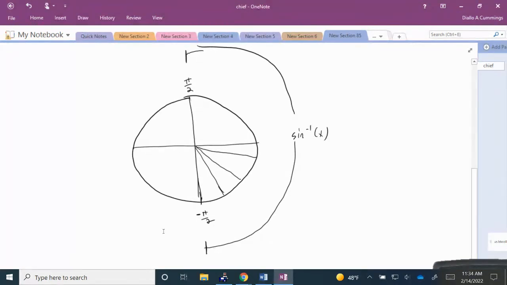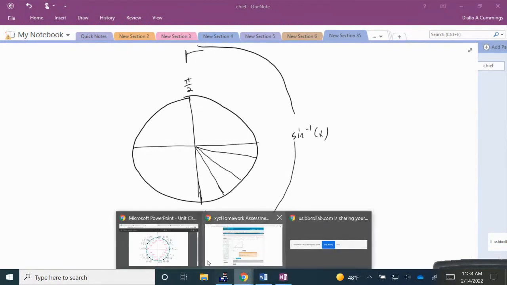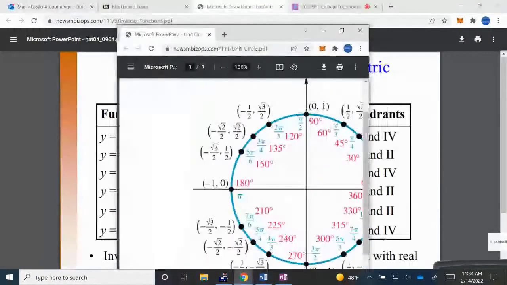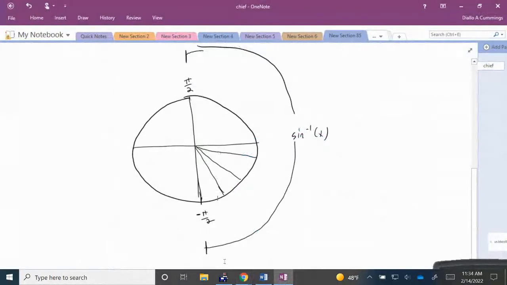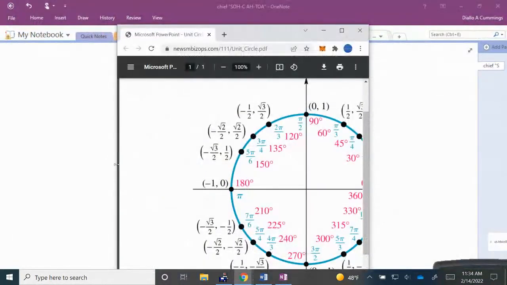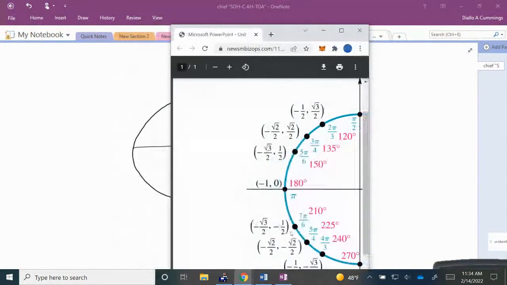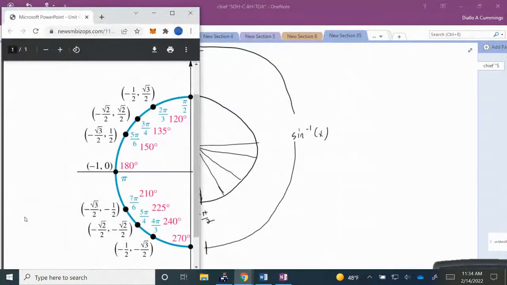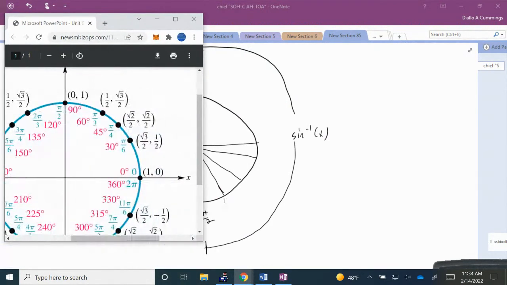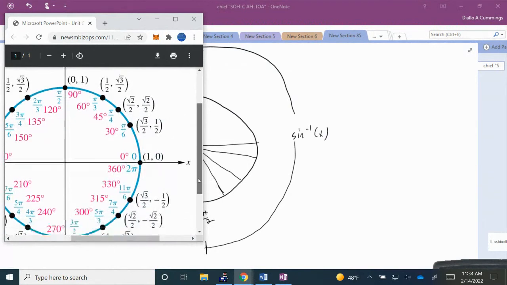So if I align this to the unit circle, I want to concentrate on this fourth quadrant.